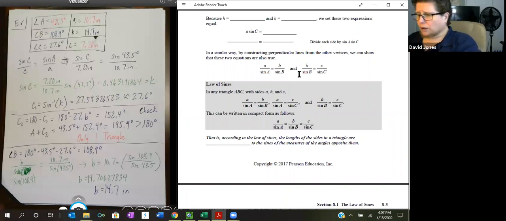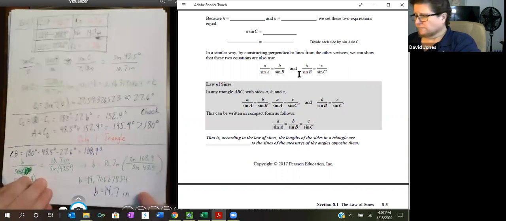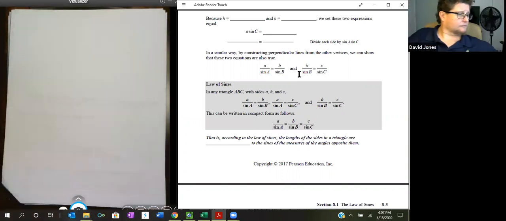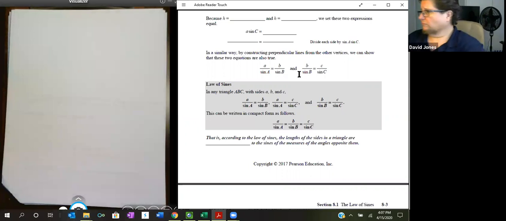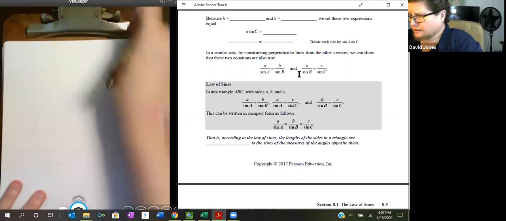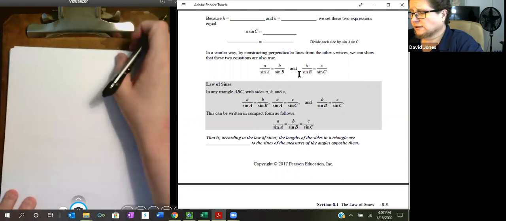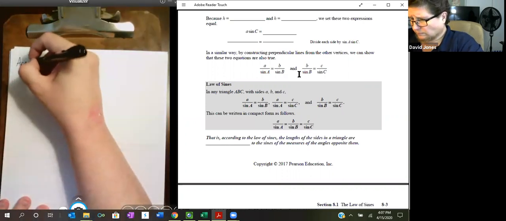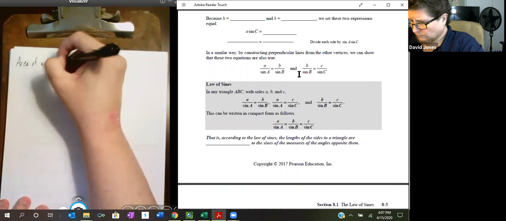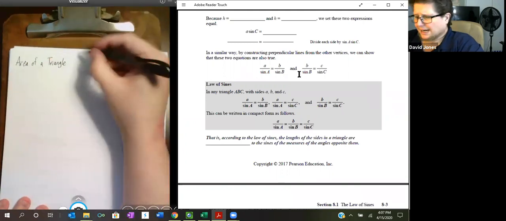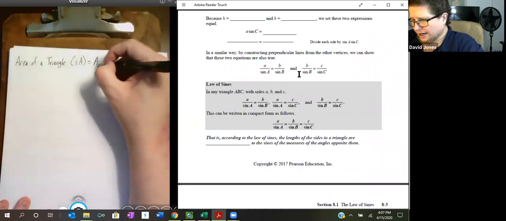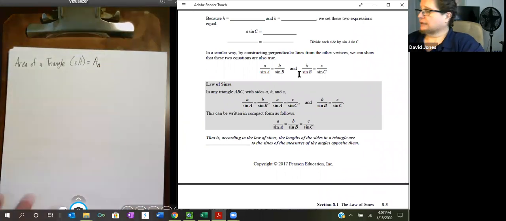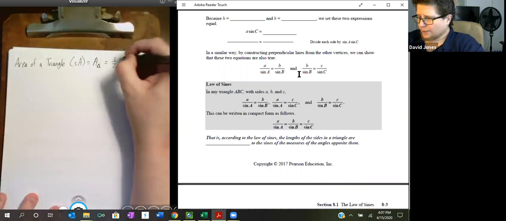Now, there is another type of problem they use this in. Do you remember the area of a triangle? I think the book likes to call it SA. I'm going to call it a triangle, like that. It's 1/2 base times height.